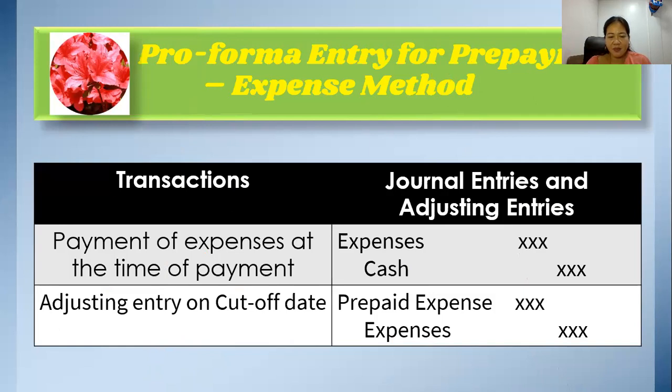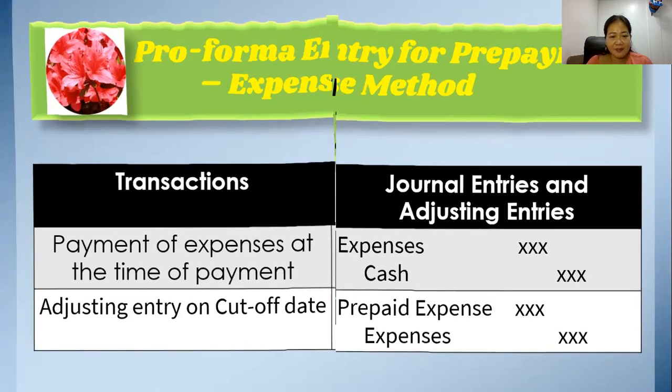Then the pro forma entry to adjust during the cutoff date is a debit to prepaid expense and a credit to expense account. Since the existing account title is an expense account, at the end of the period we need to recognize the asset portion and reduce the recorded expenses. That is why we have a debit to prepaid expense and a credit to expense account.